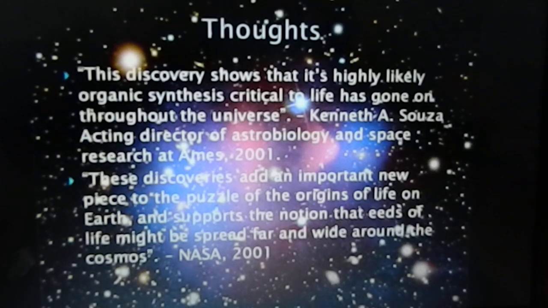But who knows? My thoughts are, if these amino acids and sugars and everything are out there, and they are the building blocks for life here, then maybe it's possible that since they're in abundance on these meteorites, then you could find them on other planets.